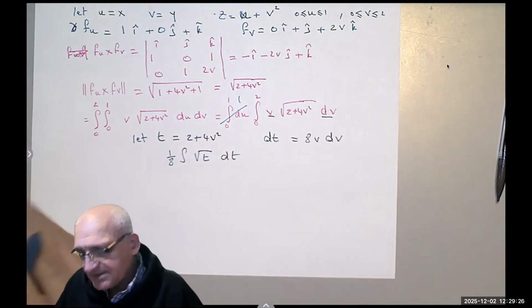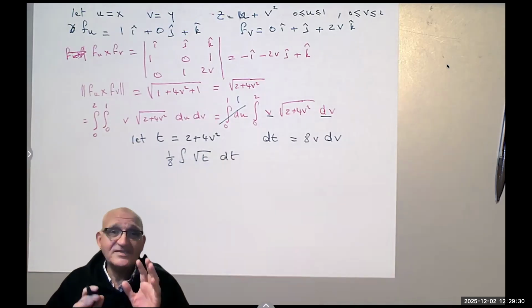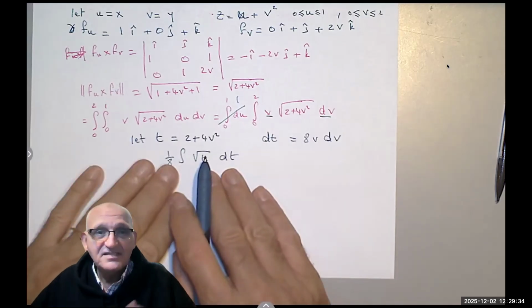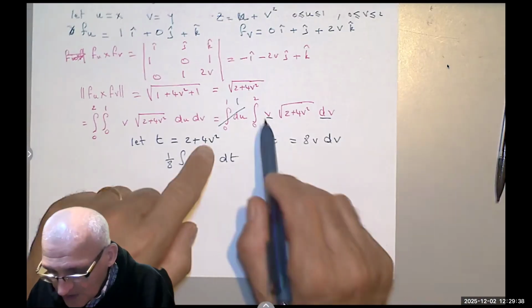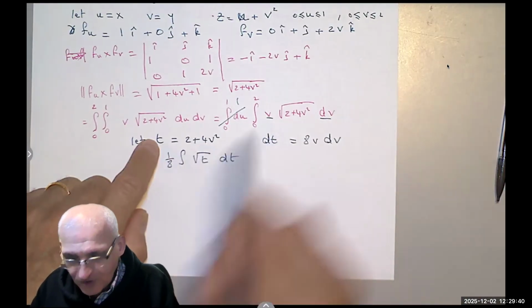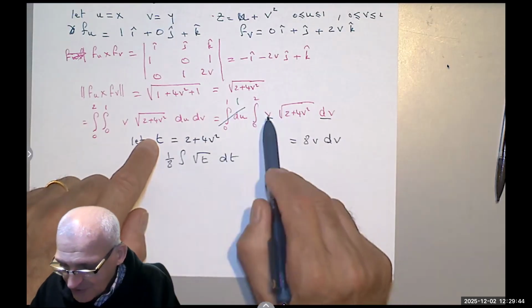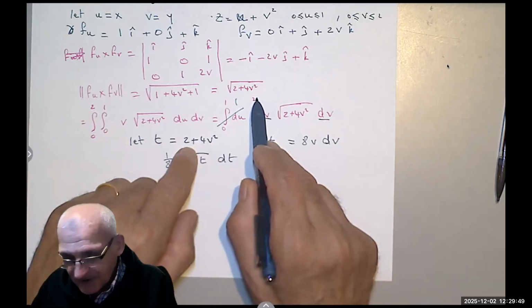As we said multiple times, you can change the limits of integration. Please don't use 0 and 2 if you are going to stay in the t universe. Then you have to say, okay, when v was 0, t was 2, so you take the integral from 2, and when v was 2, this is 4 times 4 is 16 plus 2 is 18.